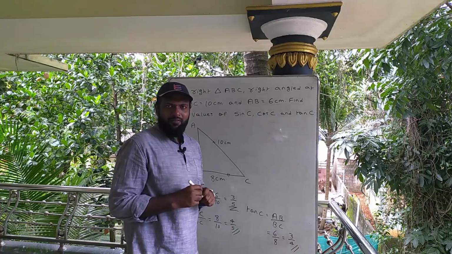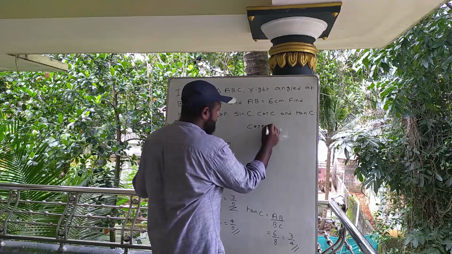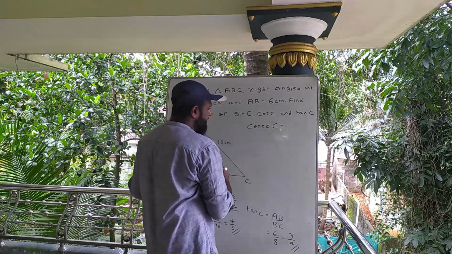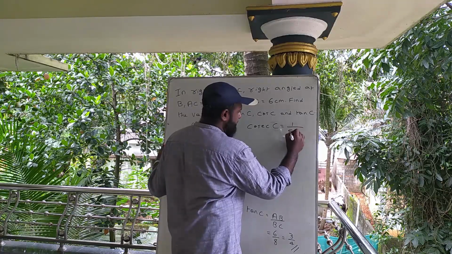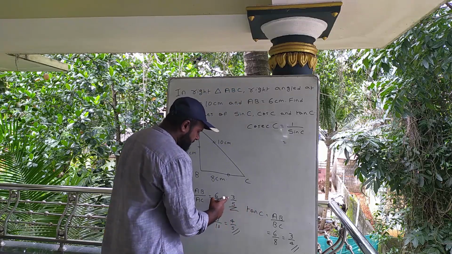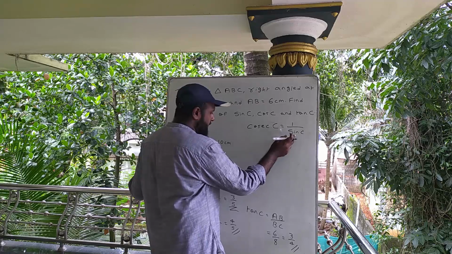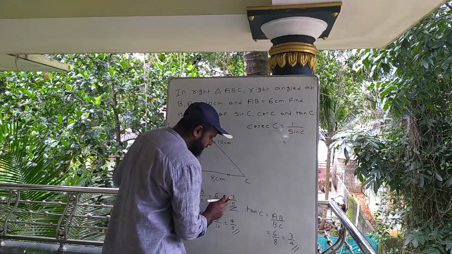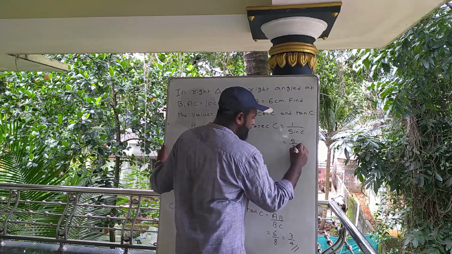Next we can find what is cosec C. Cosec C equal to 1 by sin C. Here sin C is 3 by 5. So cosec C is the reciprocal of sin C, that is the reciprocal of 3 by 5 equal to 5 by 3.